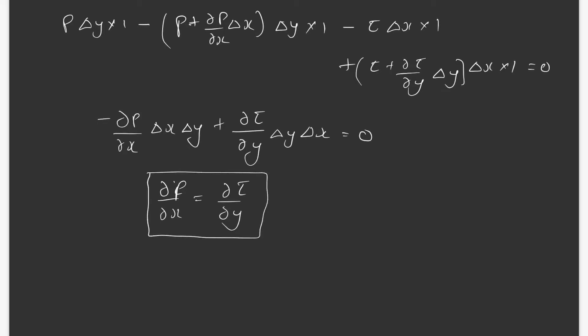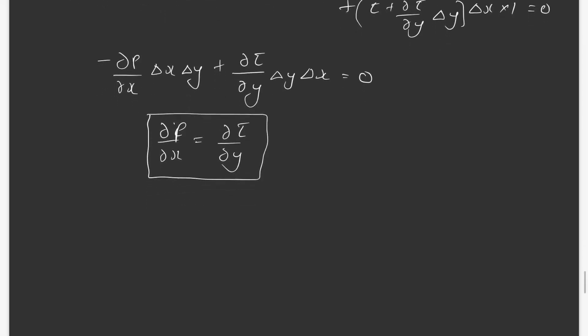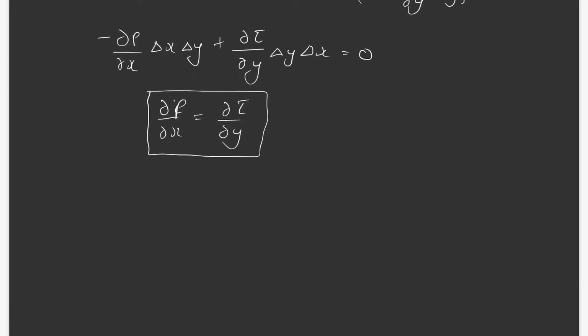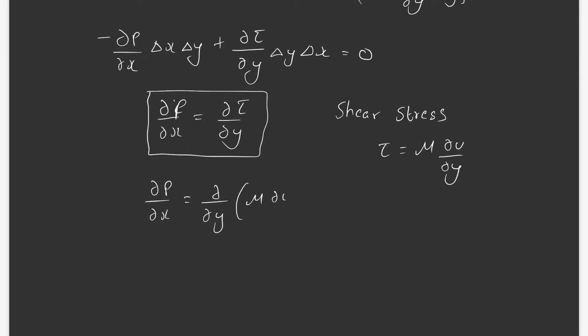We got a similar equation in flow through circular pipe also. Now from this we already know shear stress τ is equal to μ ∂u/∂y. We'll apply that here. ∂p/∂x is equal to ∂/∂y of μ ∂u/∂y.